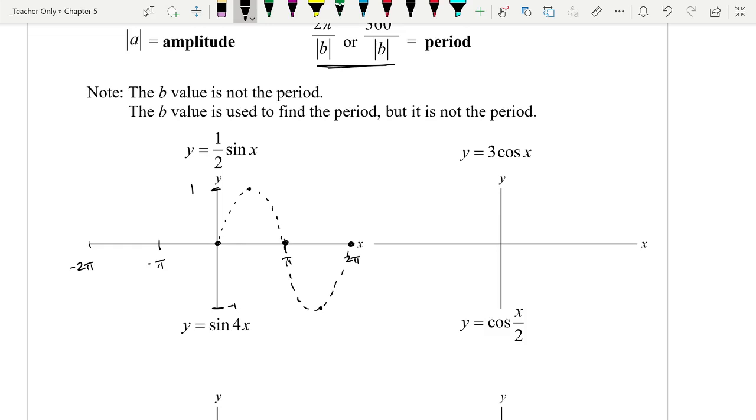And then on the negative side, again, its minimum would be down here. And its maximum would be halfway here. There's our parent function. What does the 1/2 do to it? Well, the 1/2 shrinks the amplitude. Right now, this amplitude, this distance here, can you see my cursor?